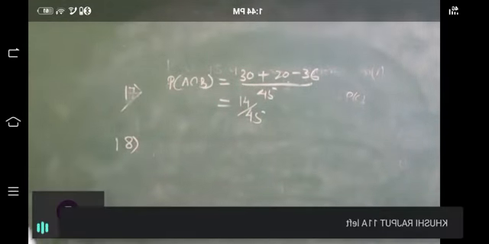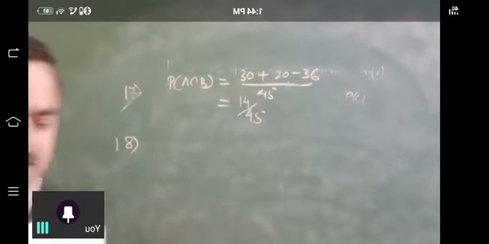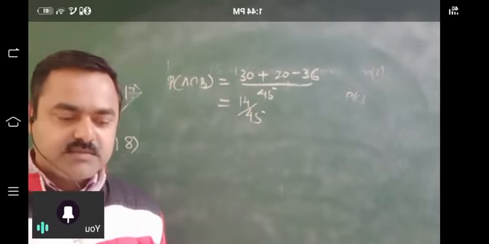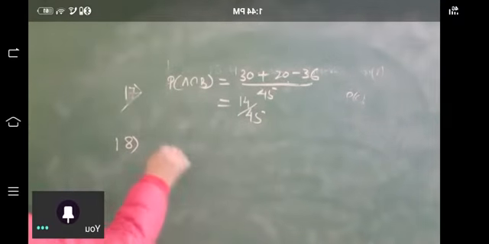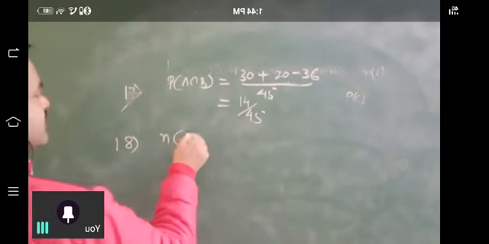ठीक है, देखो, कह रहा है a card is drawn from a well shuffled pack of playing cards. What is the probability that it is either a spade? So how many spades are there?